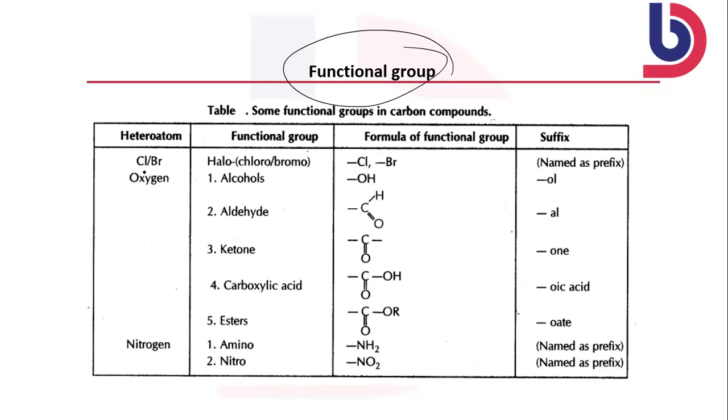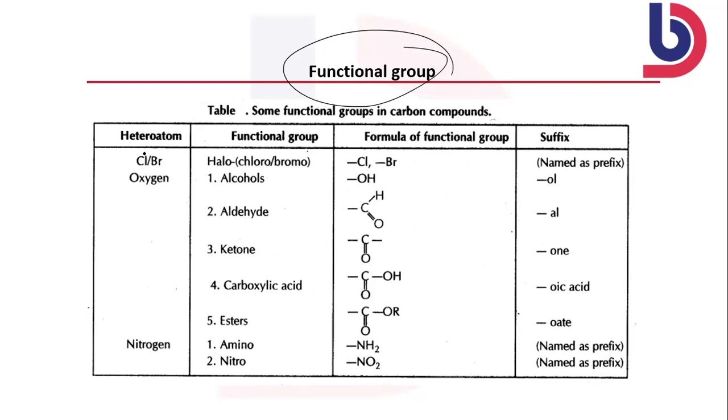So there are three functional groups which want to make friendship with the carbon. So let us first understand the functional groups, then we'll discuss how to make the friendship of the carbon and the functional group, how to add this functional group in the carbon chain.